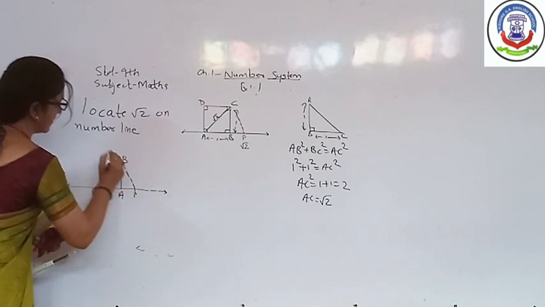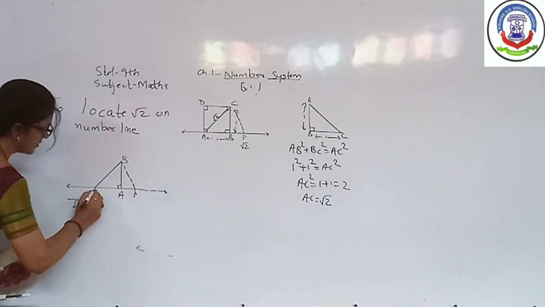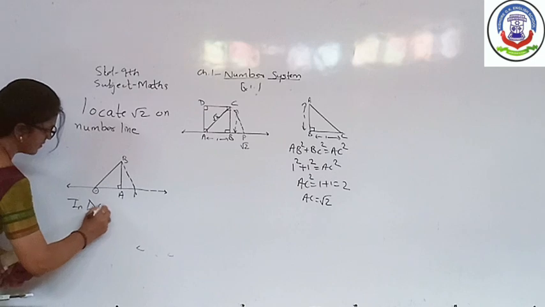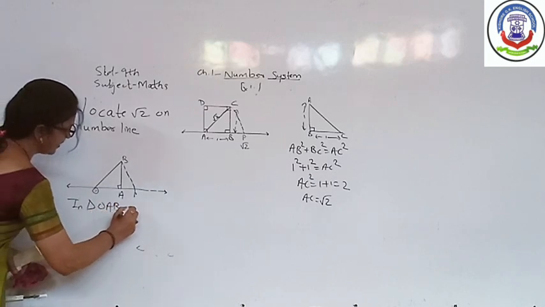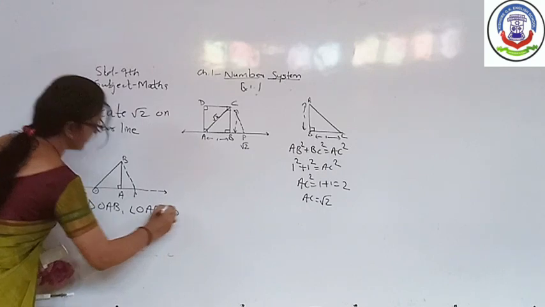P. So by Pythagoras theorem, in triangle OAB, angle OAB is 90.